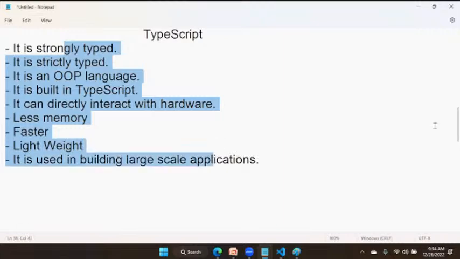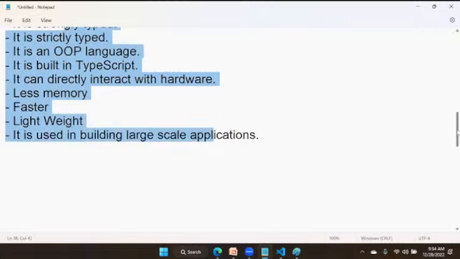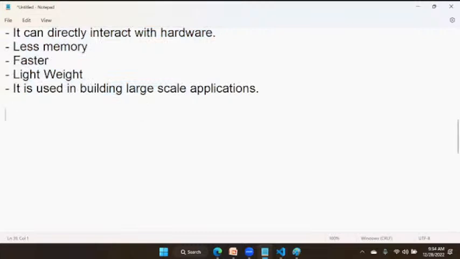But one problem here, very important, is that browsers cannot understand TypeScript.